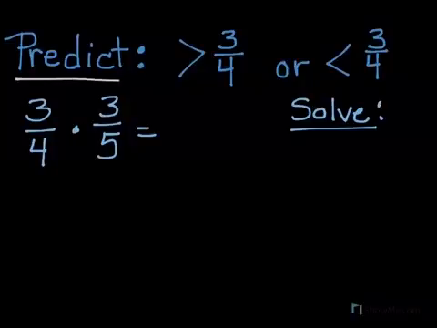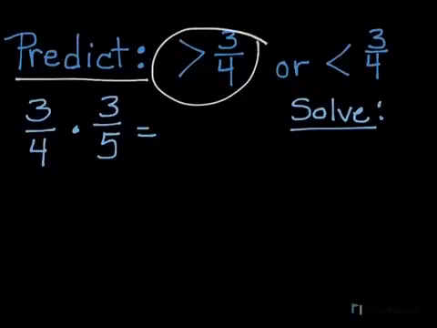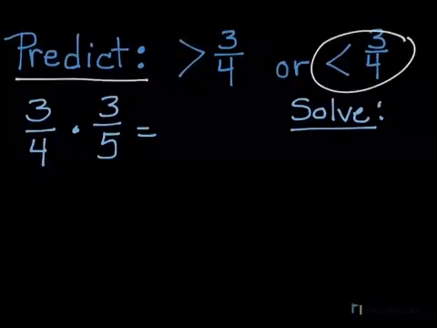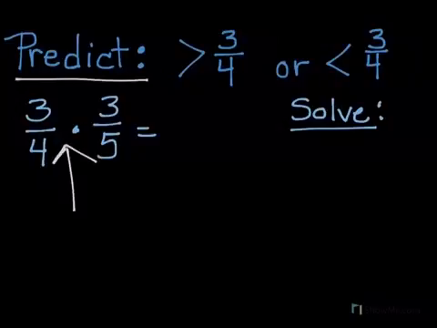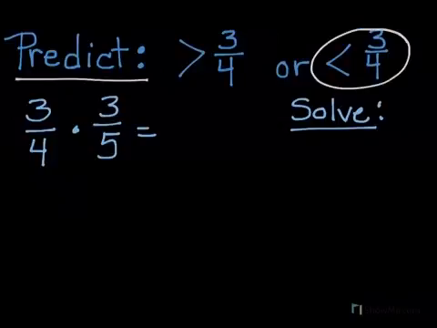So I'm going to predict, let's see, 3/4 is in my equation, and we want to know if my answer is going to be greater than 3/4 or less than 3/4. When I multiply fractions, my answer is smaller. So I'm predicting that my answer is smaller. Let's solve and see if I'm right.